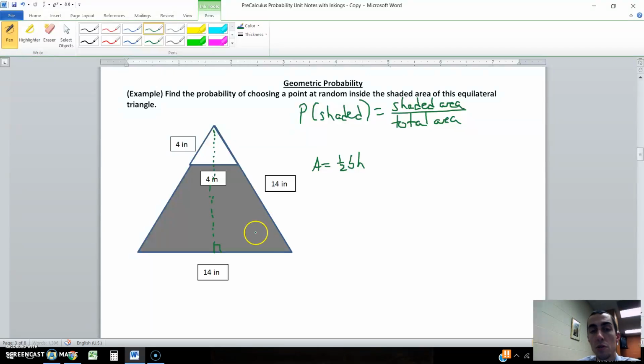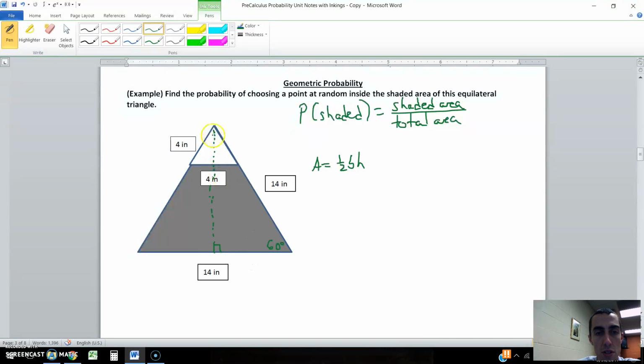Now with an equilateral triangle, I know that every angle in this big triangle is 60 degrees. So this is 60, and we've got a right triangle. So I can use the law of sines, or I can use basic right triangle trig to find this altitude. I'm going to use tangent.